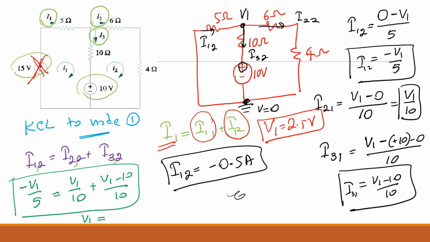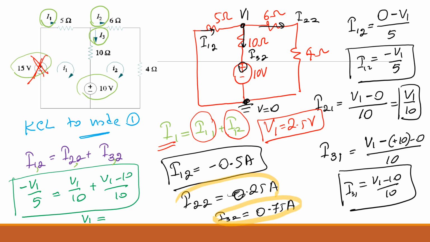Okay, so next one, I22 is 0.25, isn't it? And I32 is 0.75. Is that right? Did you get these 2, 3 or not? Which one is negative? Only one is negative, the first current.